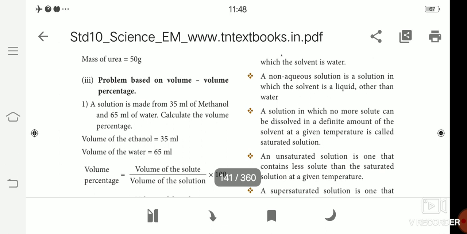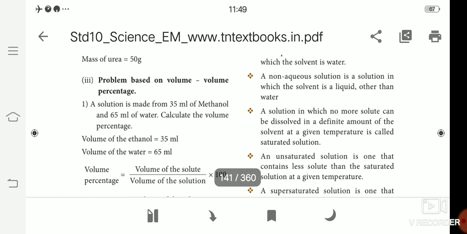Write the example also in the chemical formula. So the questions are: factors affecting solubility in the effect of temperature with examples, and what is hydrated salt with one example, copper sulfate.